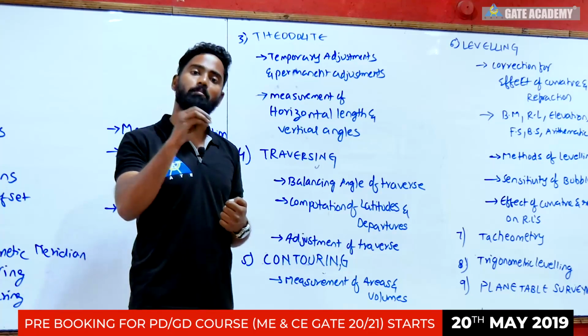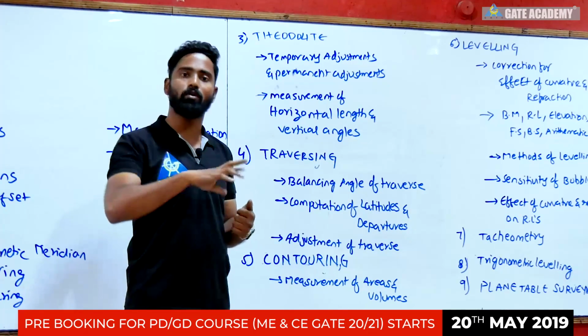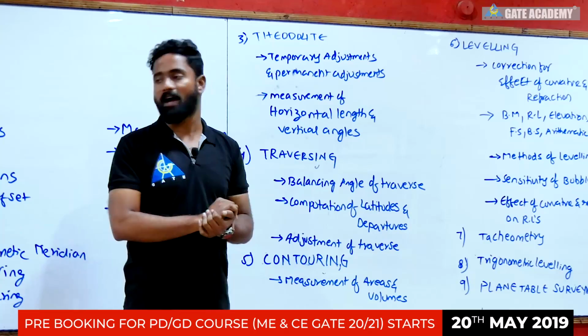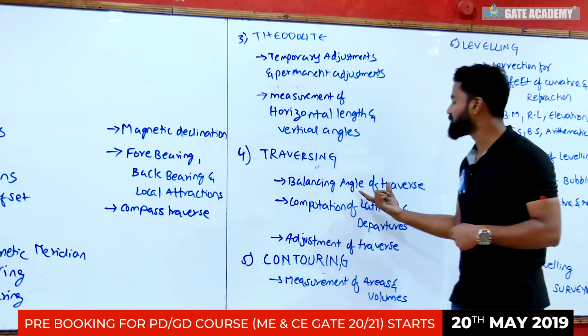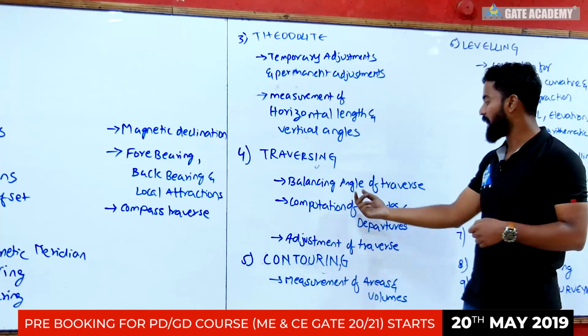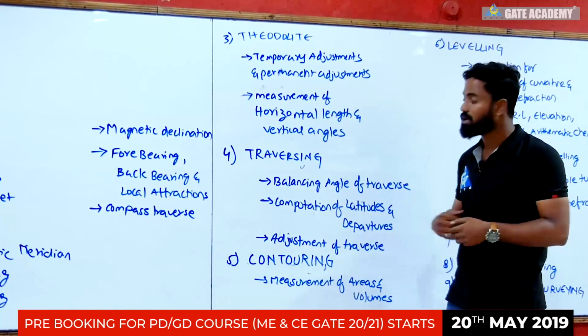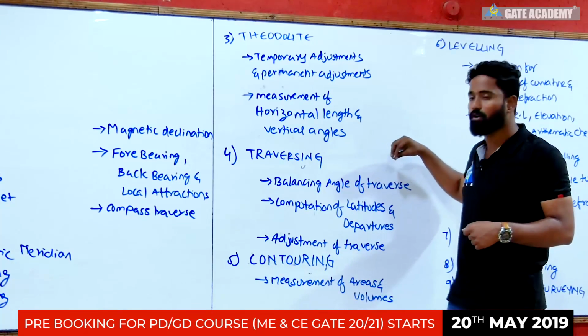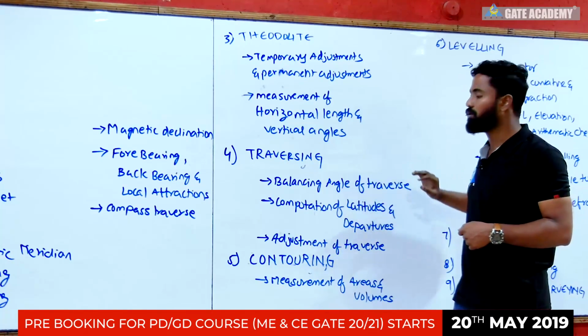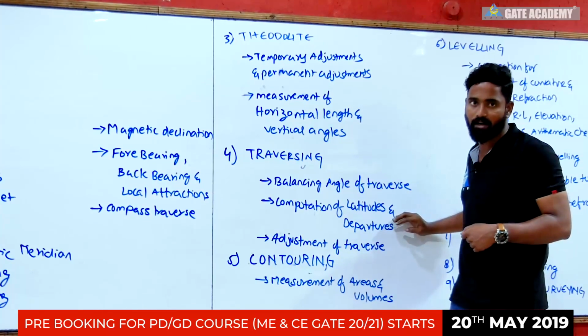How you are going to compensate that error, and how finally you are going to find out the fore bearings and back bearings: the local attraction problem will be solved in the traverse by the balancing angle of traverse method, or you can calculate latitudes and departures.